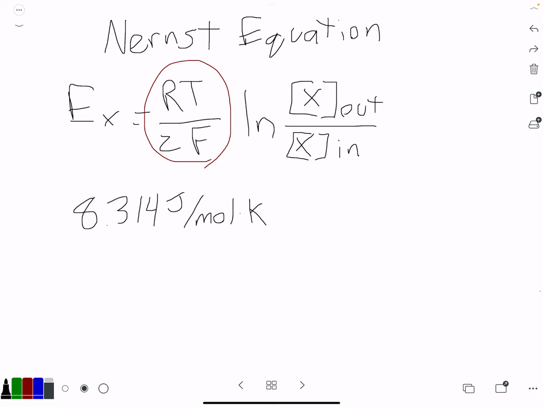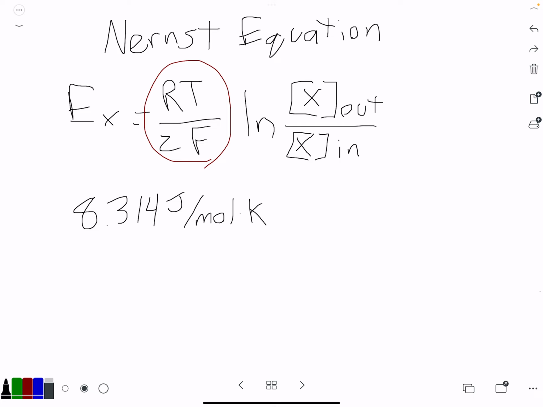Since we want to get to our 58, which expresses this equation at room temperature, let's make sure we get the correct Kelvin for room temperature. In most scientific studies, the standard room temperature is about 68 degrees Fahrenheit.